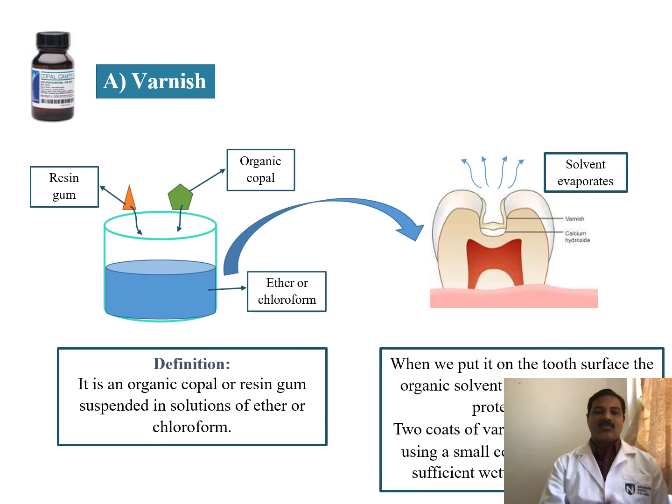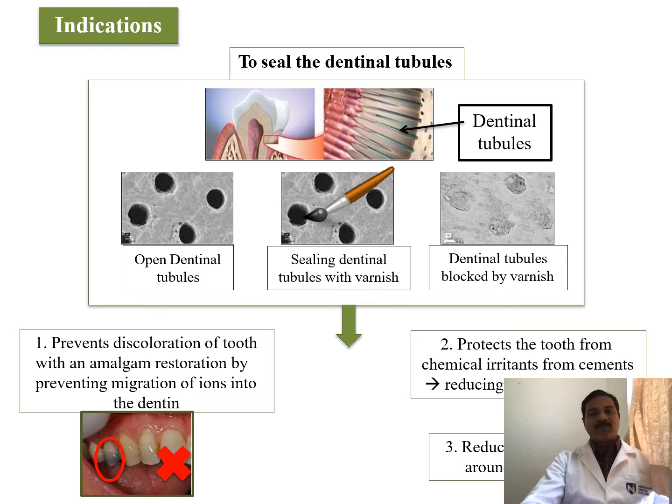Varnish is especially used when the cavity depth is very shallow, where a base is not required. In such cases you go for varnish, and then you can go with a permanent restoration like amalgam. You should be careful that you are not supposed to apply varnish when you are planning to go with composite or glass ionomer, because glass ionomer bonds chemically to the tooth structure, whereas composite bonds micromechanically.